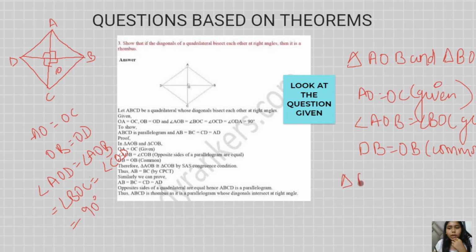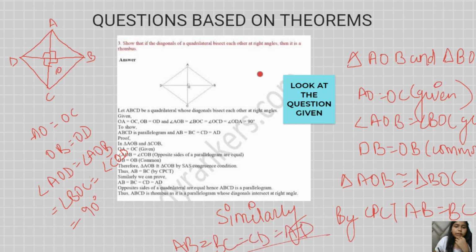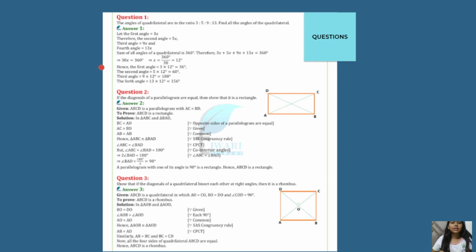So triangle AOB is congruent to triangle BOC. By CPCT, AB is equal to BC. Similarly, by proving the other triangles congruent, AB equals BC equals CD equals AD. Hence, it is a rhombus.